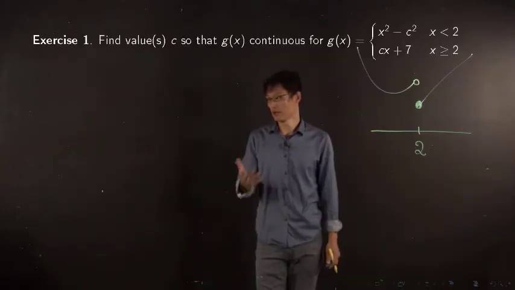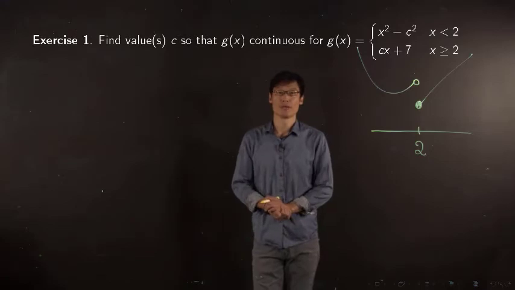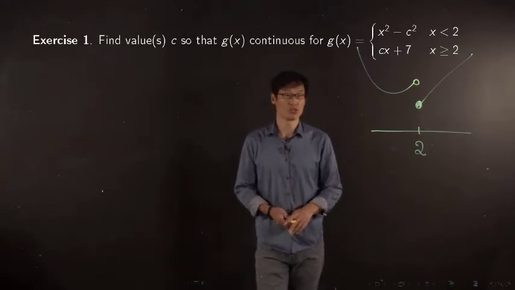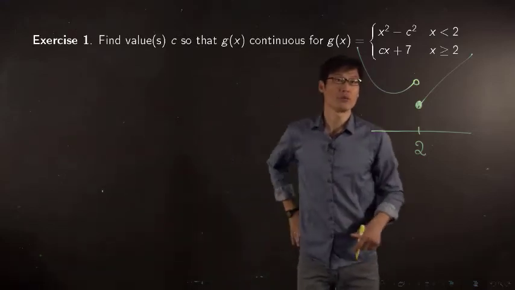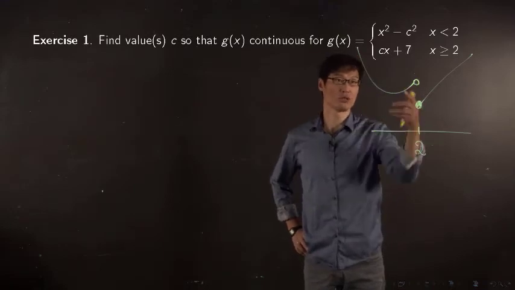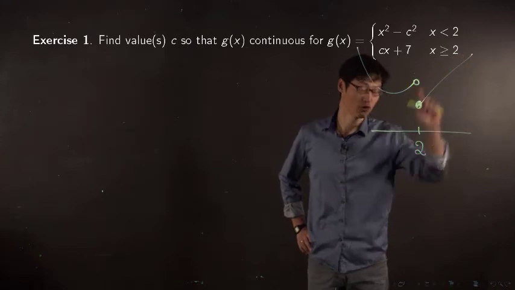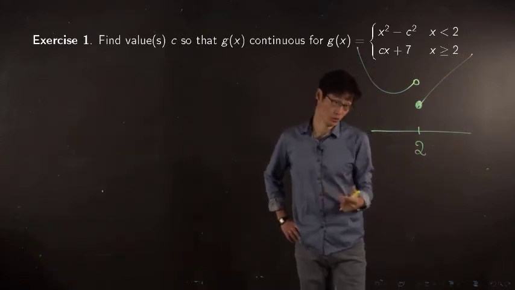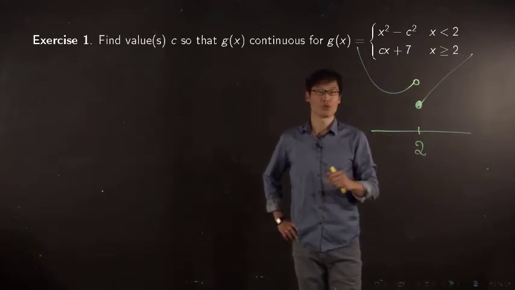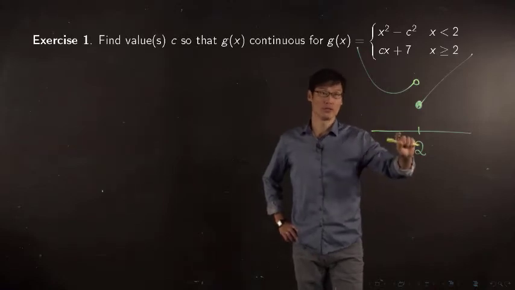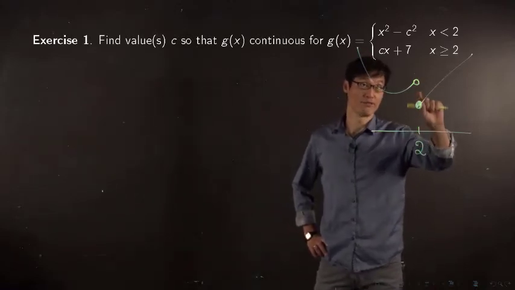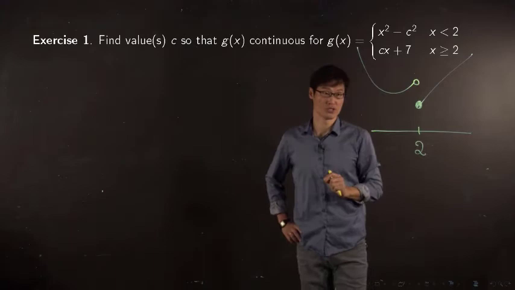All right, let us try some advanced problem. Function g is a piecewise function with a quadratic function when your x is less than 2, and then a linear function when your x is greater than or equal to 2. You want to control c so that the function is continuous.